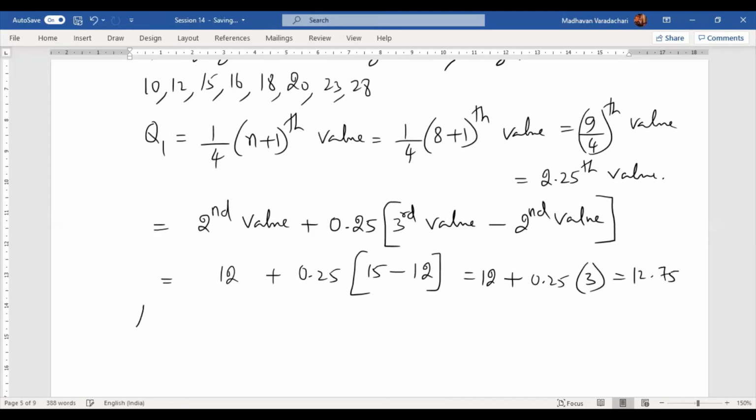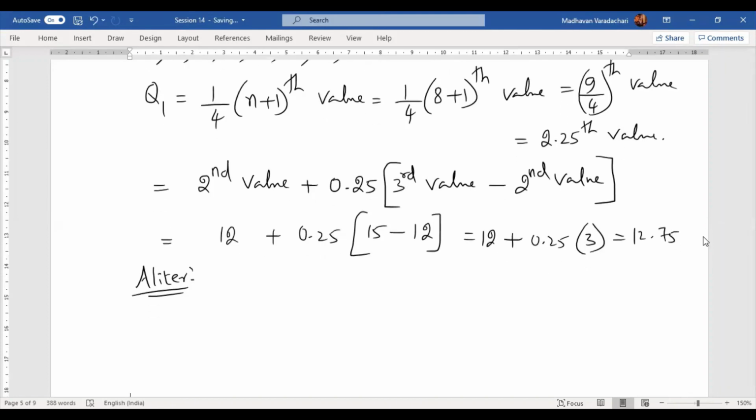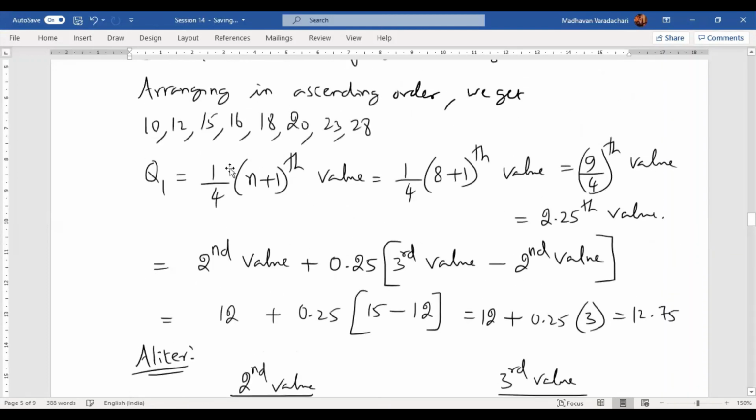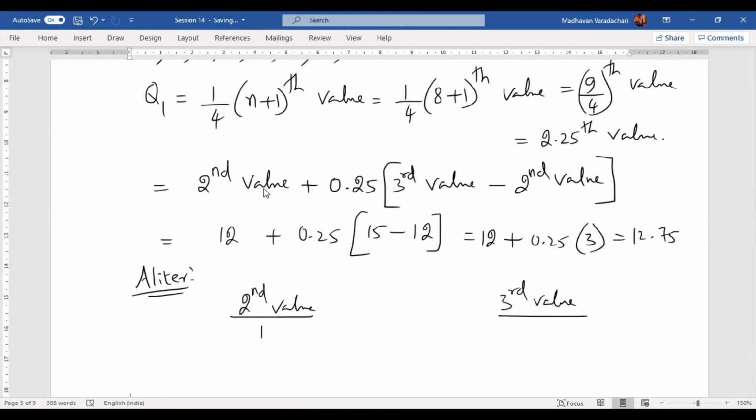This is one way. There is another way which may be easier to understand, but if you remember this first way, it is faster. Now, this is the 2.25th value. Second value we are aware of, third value we are aware of. Second value is 12. Third value is 15.